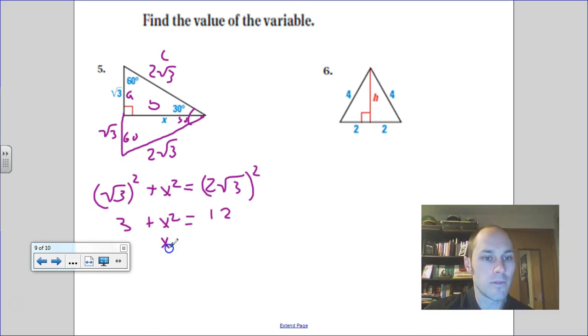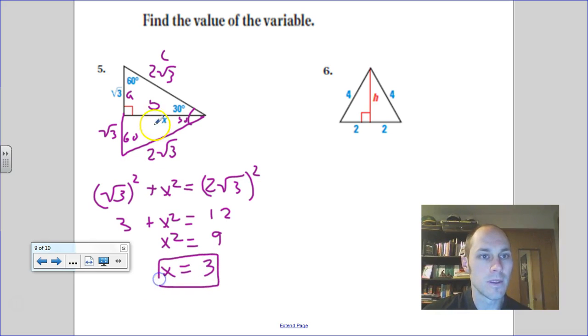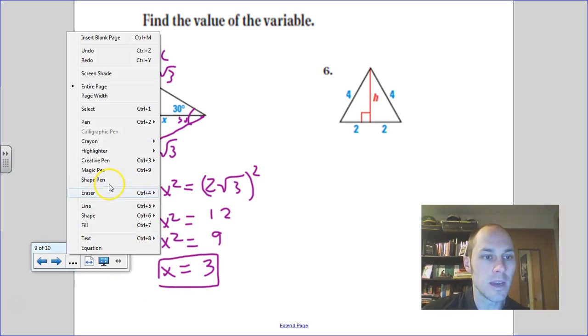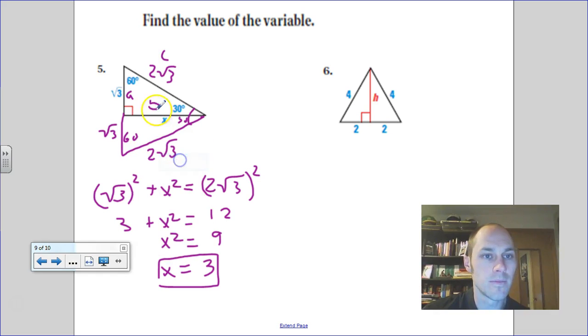So I subtract 3 from both sides. X squared equals 9. Therefore, x equals square root of 9, which is 3. So we see that pattern resulting there. That square root of 3 times square root of 3 is 3. So the longer leg is square root of 3 times longer than the shorter leg.